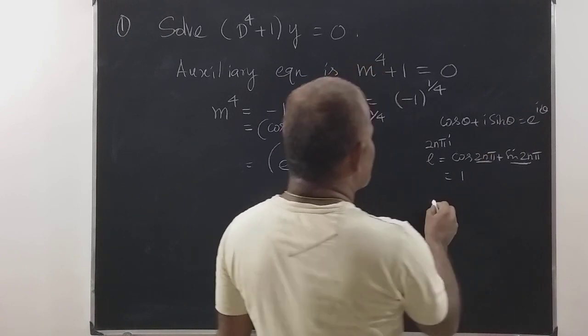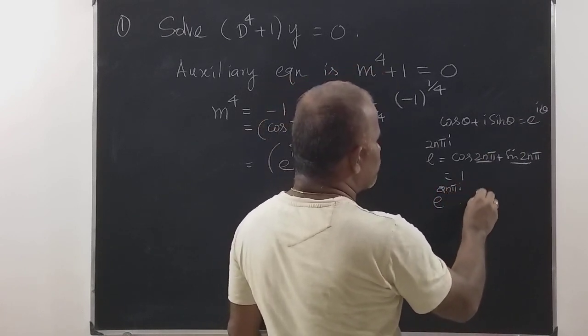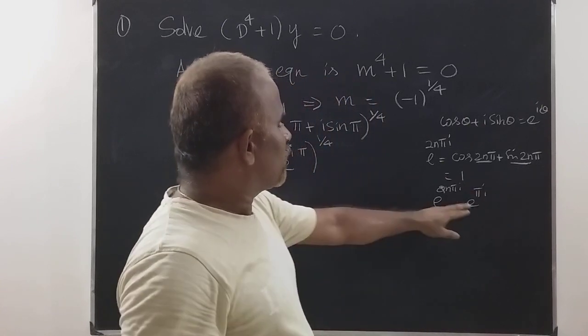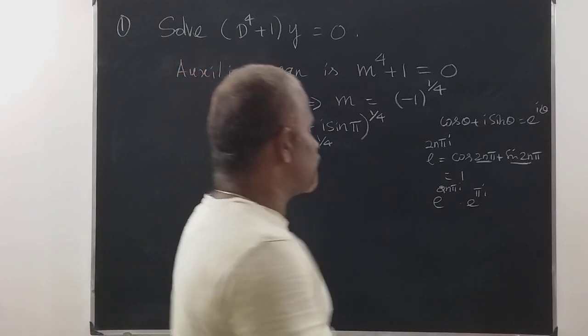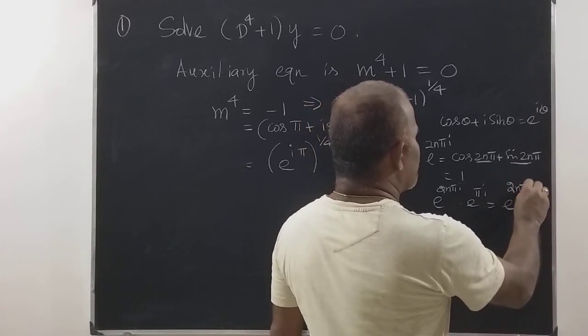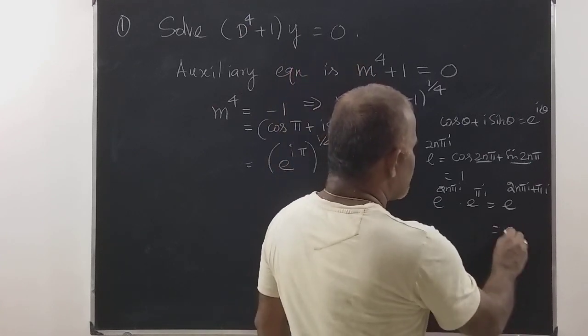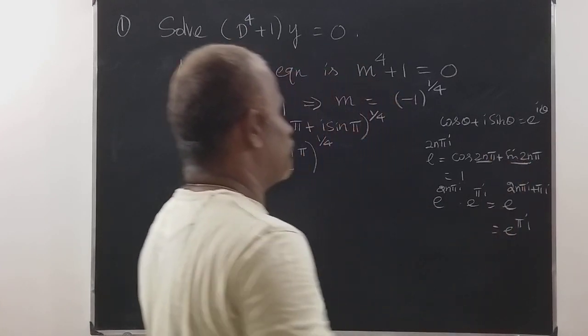I multiply it with e^(2n pi i) into e^(pi i). So we are multiplying by 1, there is no change at all. So e^(2n pi i + pi i) is again e^(pi i).